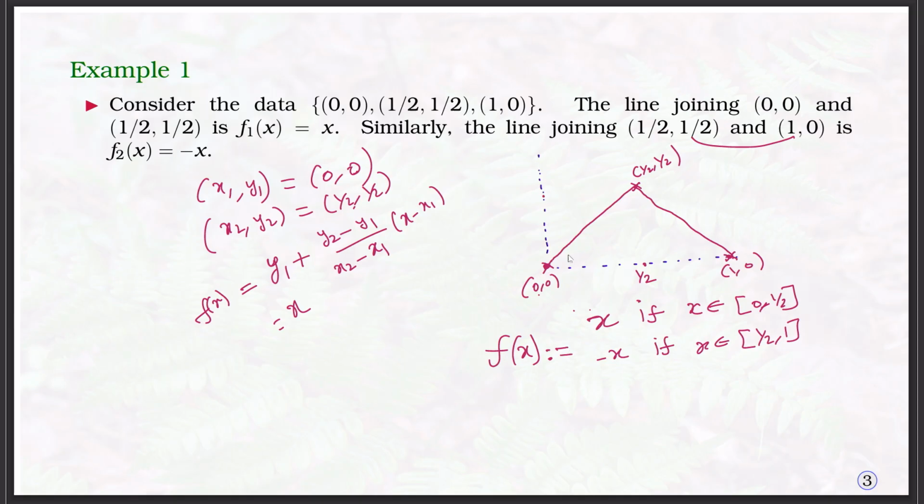Now, this is the function which passes through the given set of points.